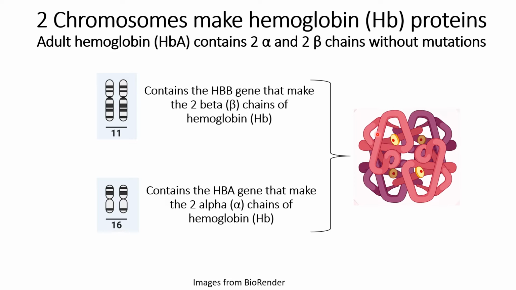These brighter ones here we can see as 2 beta chains, and chromosome 16 will contain the HbA gene to make 2 alpha chains of hemoglobin, which are shown darker in these regions. And this is a heterotetramer. It's hetero because you have beta and alpha chains coming together, and it's a tetramer because 2 plus 2 chains is 4 chains total. And you have 4 heme groups here, which is where the oxygen will actually bind and be carried through the body from red blood cells.